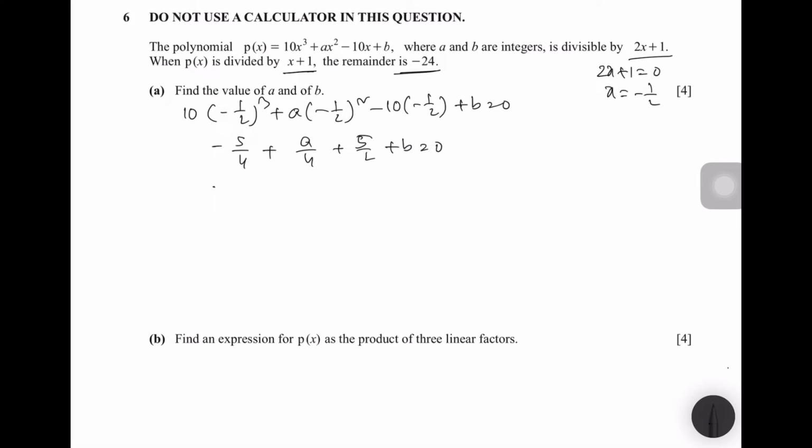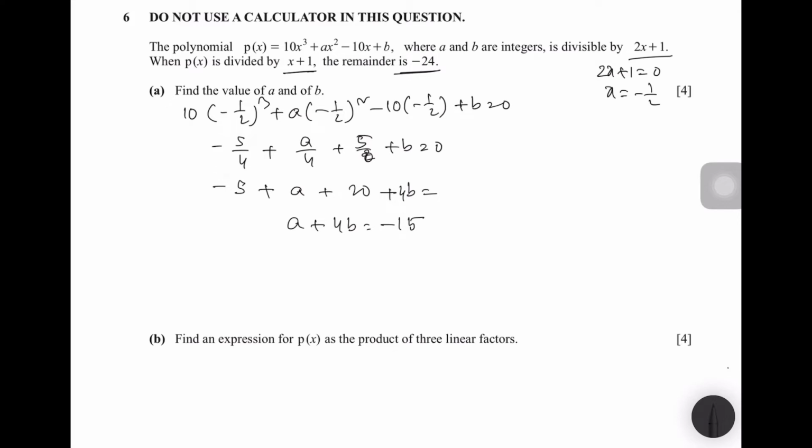So it is becoming minus 5 plus a plus 20 plus 4b equals 0. So a plus 4b equals minus 15.